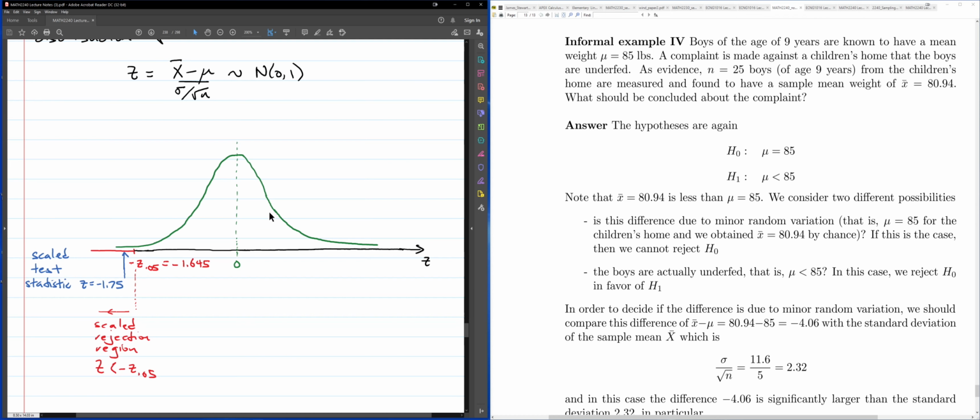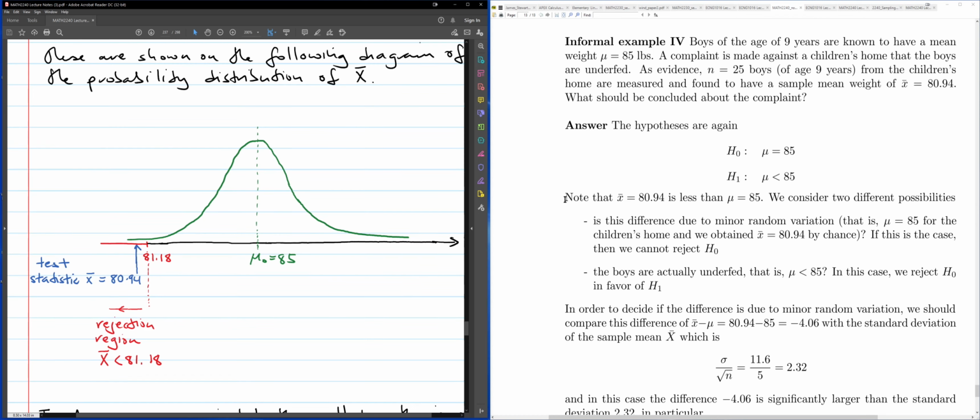A similar way to look at this is to consider that we have the mean of 85 here. The x bar, the sample mean, would have mean 85 and a certain standard deviation.